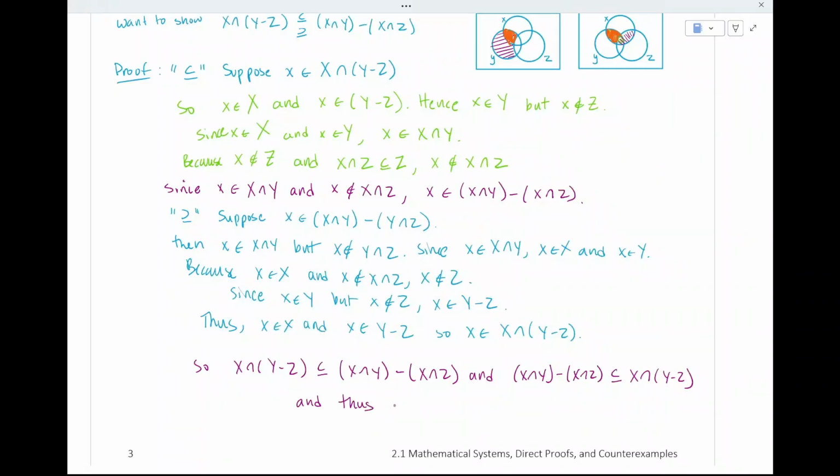And thus I'm just going to say the equation holds, because I don't want to write the whole thing again. And that is the end of my proof.